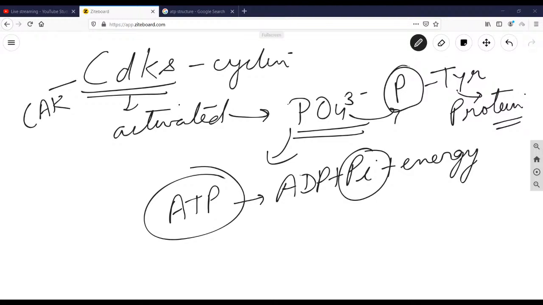So during the S phase, phosphorylation of CDH1 occurs. There is a protein known as CDH1. I'll just draw the diagram, it will become very easy for you.